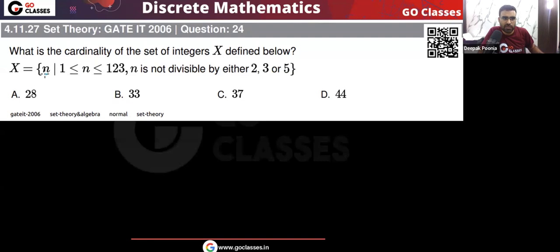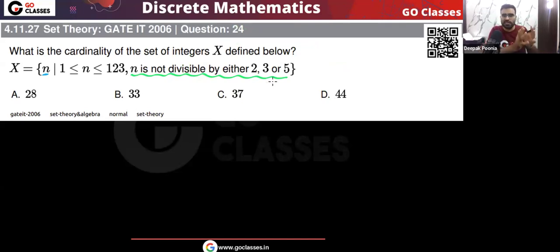You can see we have n, where n is from 1 to 123, and n is not divisible by either 2, 3 or 5.